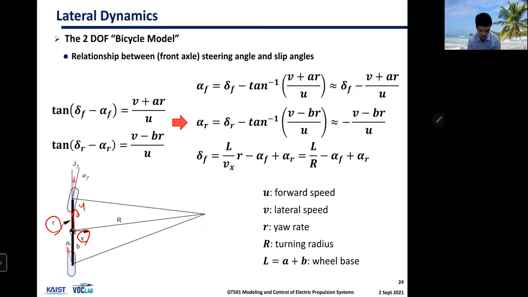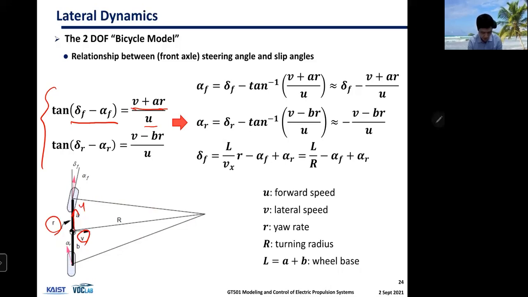First, the kinematic relationships, where this is simply writing down the tangent function of delta F, because we can relate velocity, yaw rate, and speed as a function of delta and alpha.